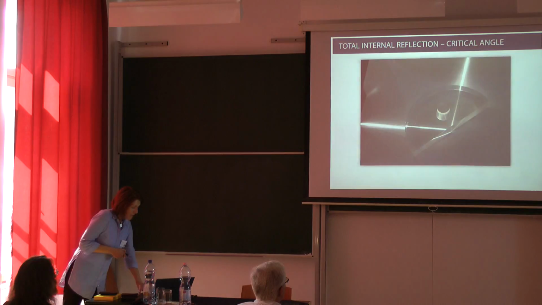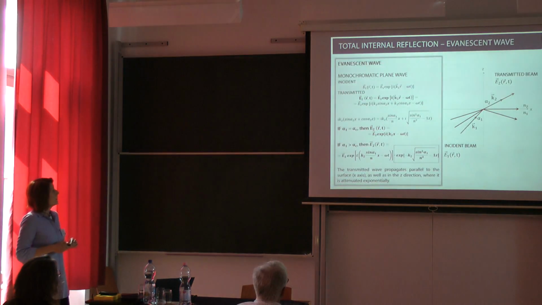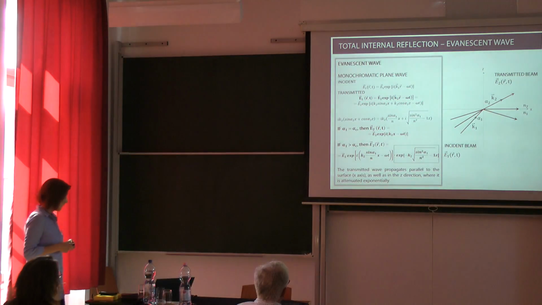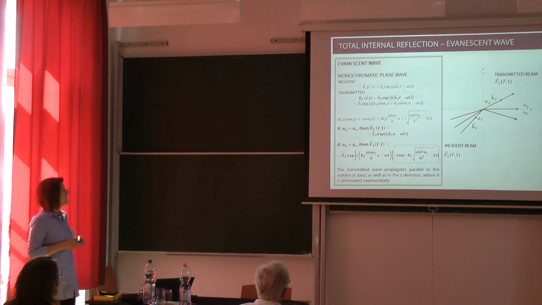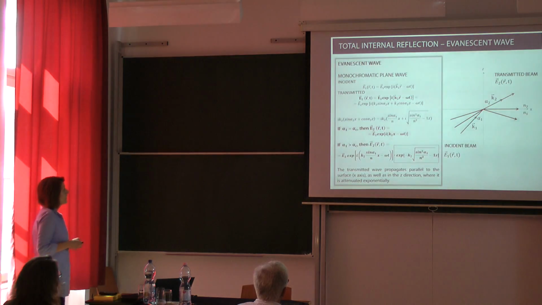Okay. So considering the wave theory without going deeply into the math, if we consider that the transmitted beam here is a monochromatic plane wave, then we can use this equation to describe the electric field of this plane wave, where E is the electric field, R is the direction of propagation, T the time, K is the wave vector, and omega is the frequency.